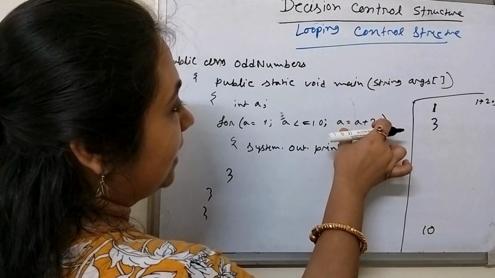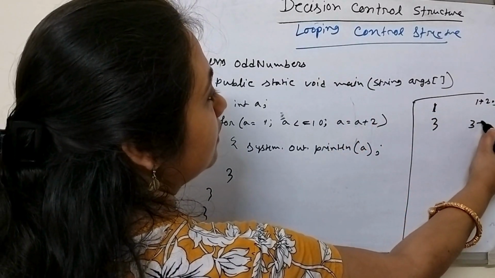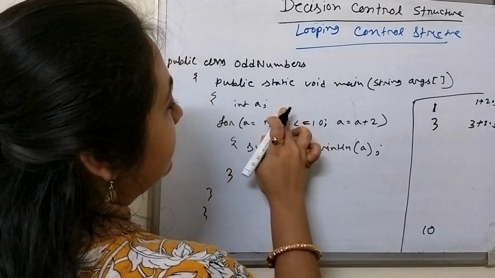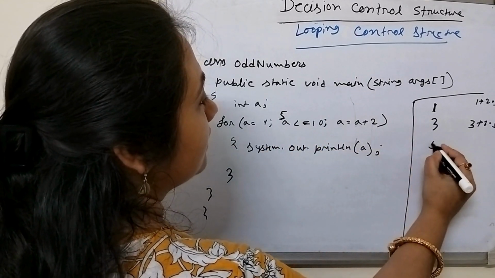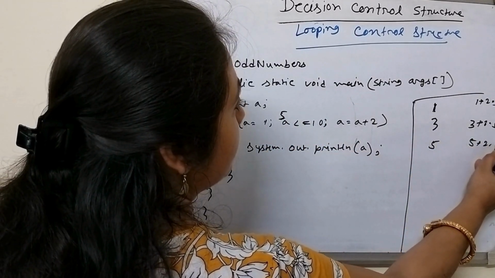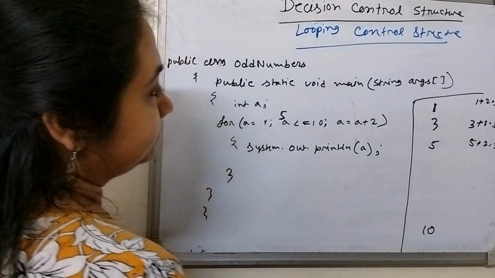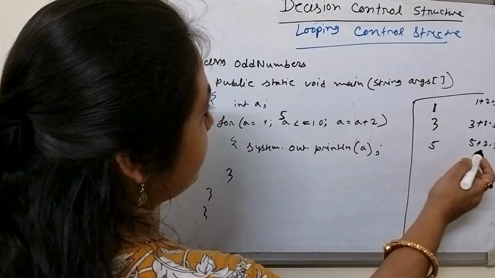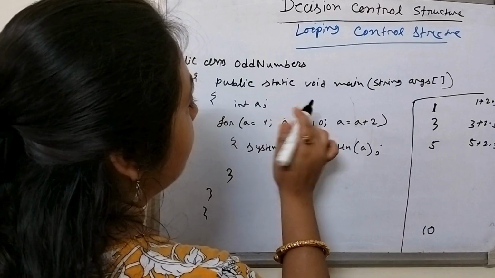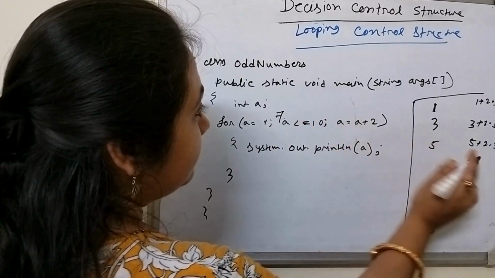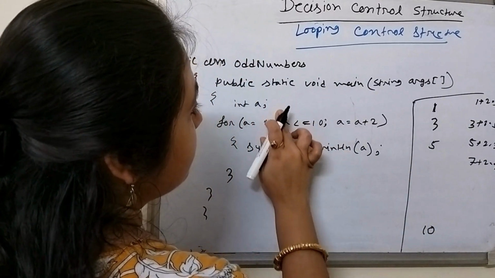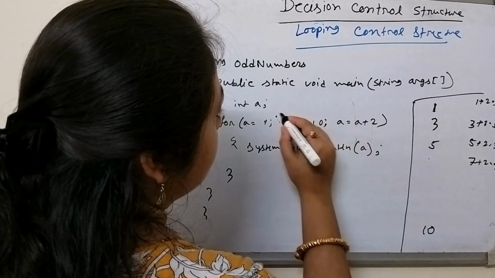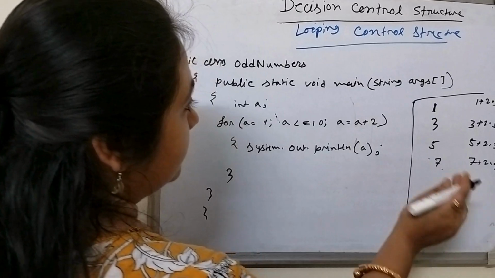Next the increment happens: 3 plus 2 is 5. Here also the condition is satisfied, so 5 is printed. Then 5 plus 2 is 7. Condition is satisfied, 7 is printed.